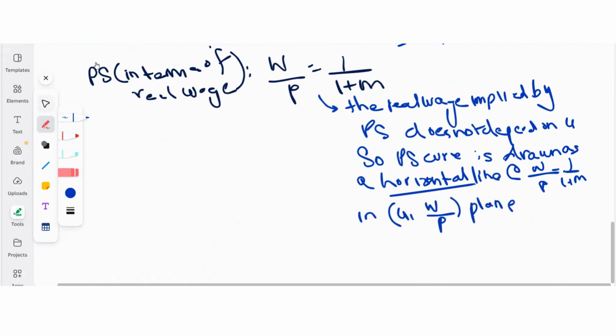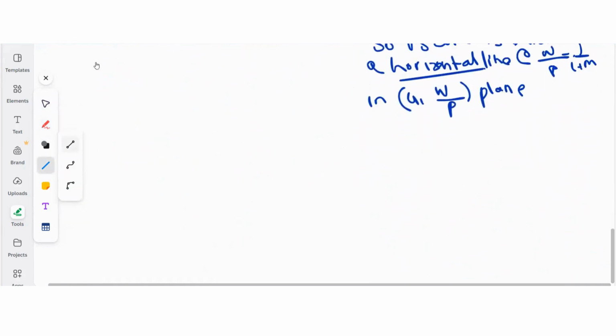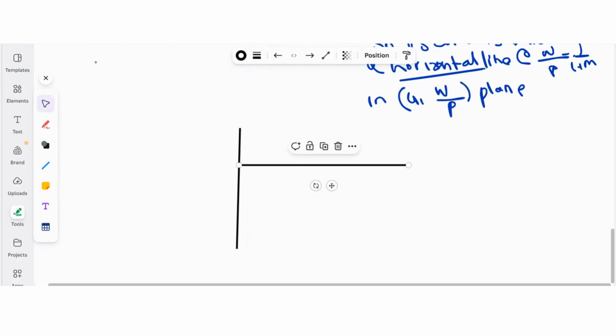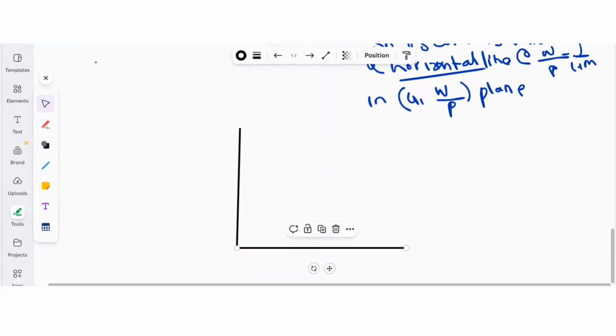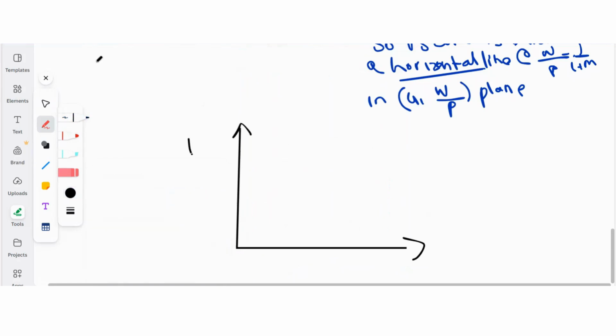So now that we've identified what our equations are and how we plot them, taking the real wage on the vertical axis and the unemployment rate on the horizontal axis, let's actually graph it up. On the vertical axis we take the real wage W by P, and on the horizontal axis we have the unemployment rate.